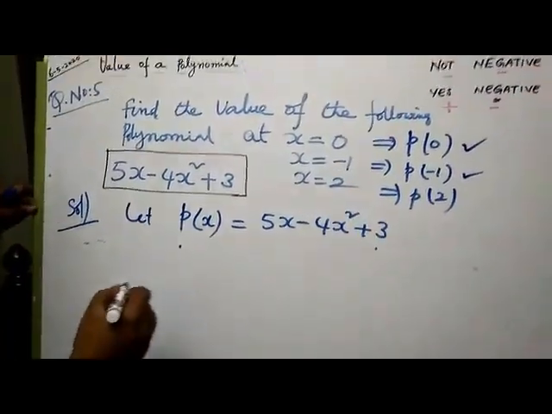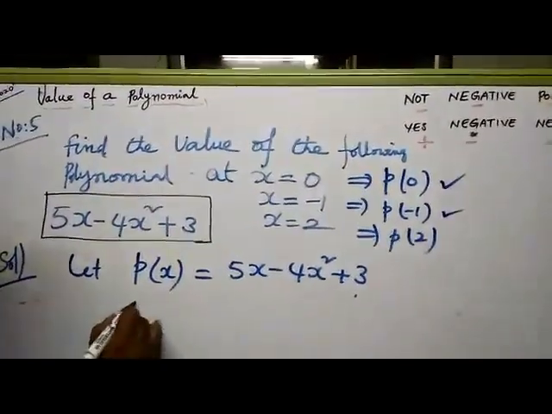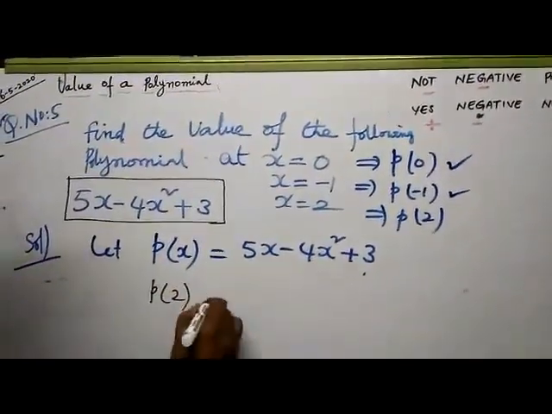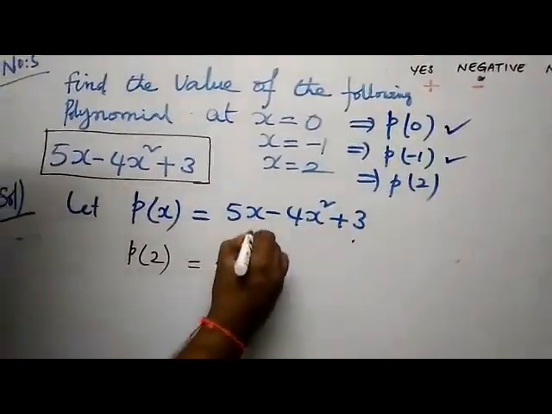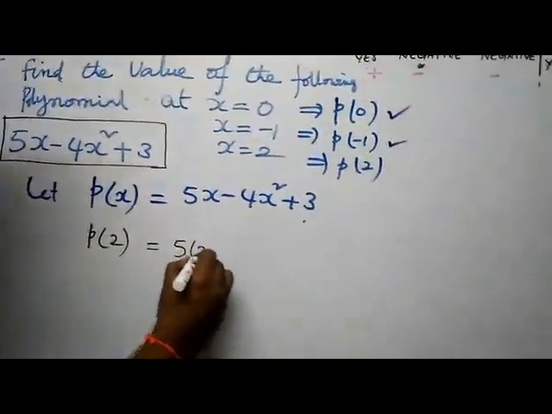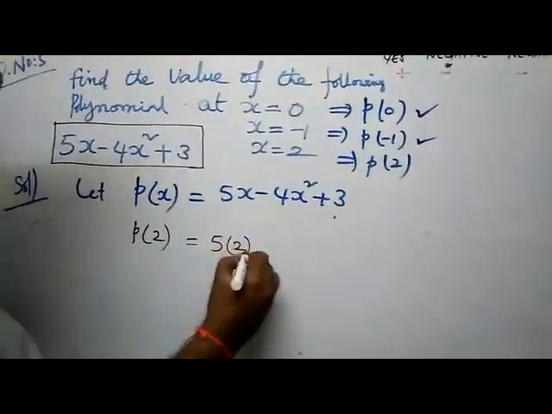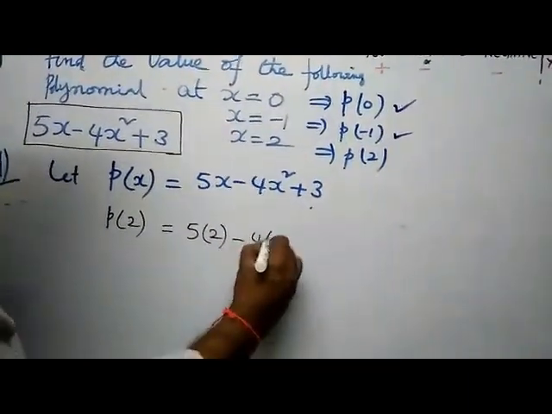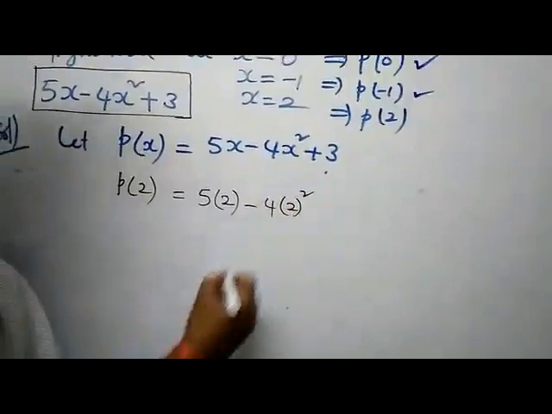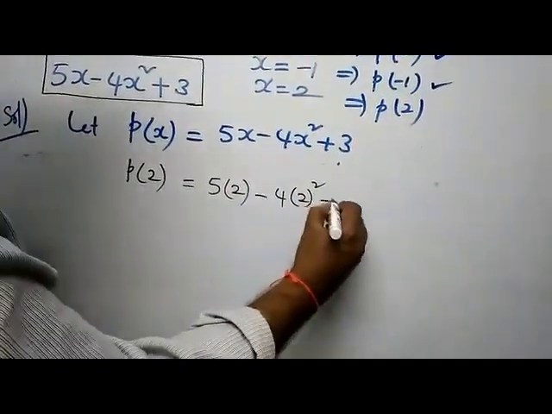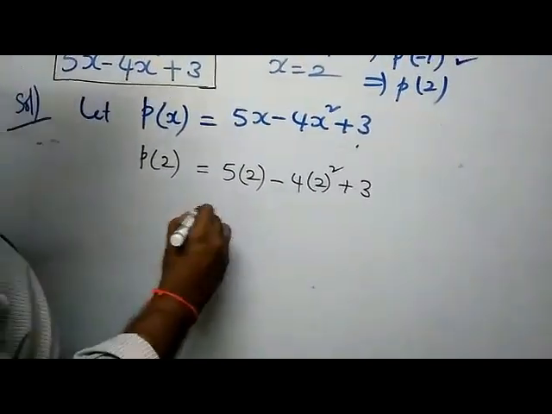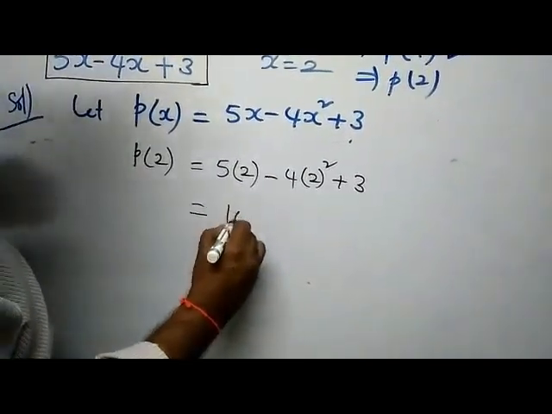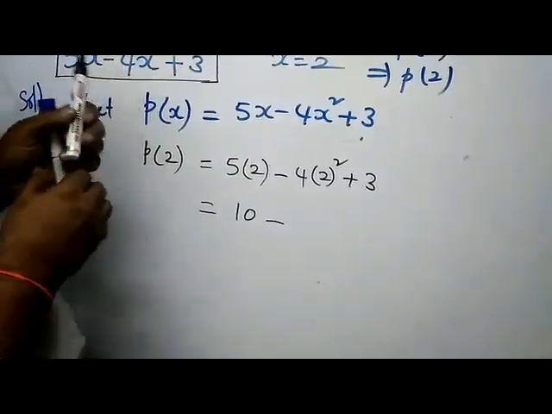The third question, p of 2. p of 2 is equal to 5 into 2. Substitute 2 instead of x, we keep 5 into 2, minus 4 into 2 square, plus 3. So 5 2s are 10 minus. This is very important.